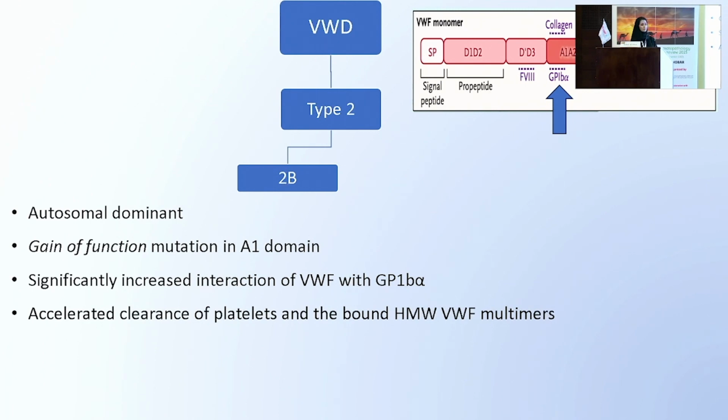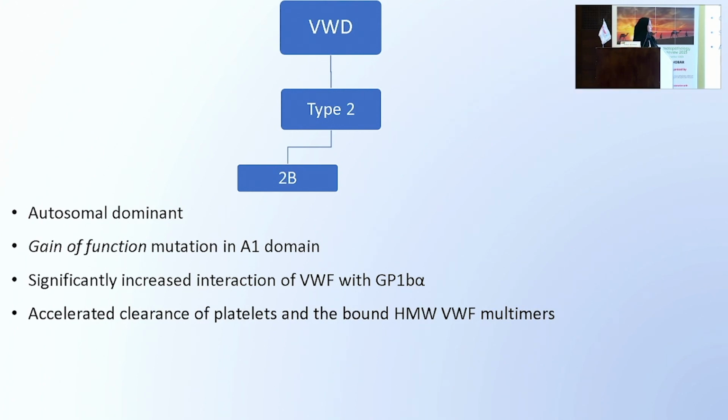This significantly increases the interaction and causes accelerated clearance of platelets and the high molecular weight multimers. Now, patients are not infrequently misdiagnosed as ITP in this entity. However, I want to point out that thrombocytopenia, although seen in the majority of patients, is not necessarily present in all of them.